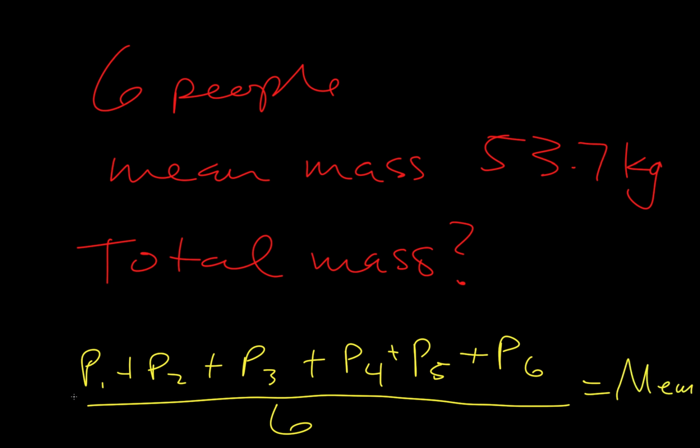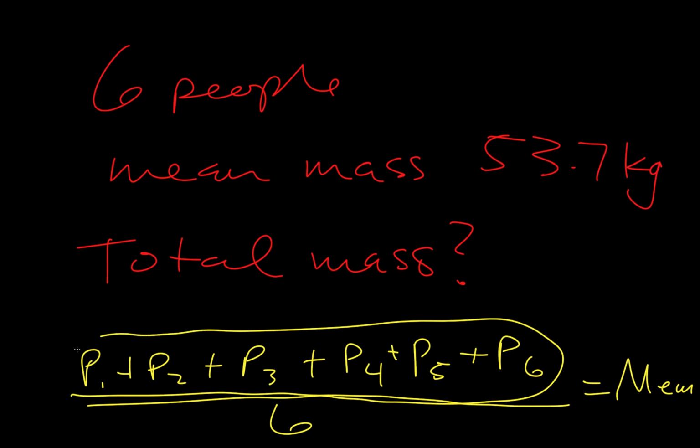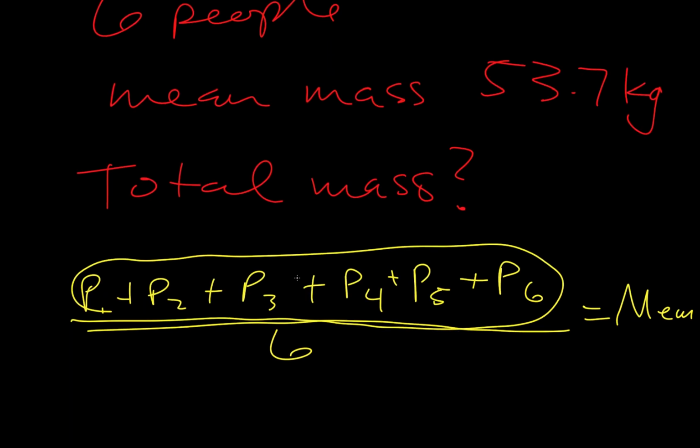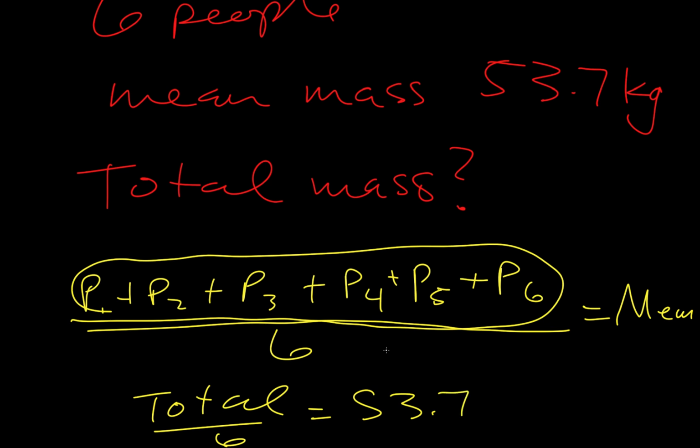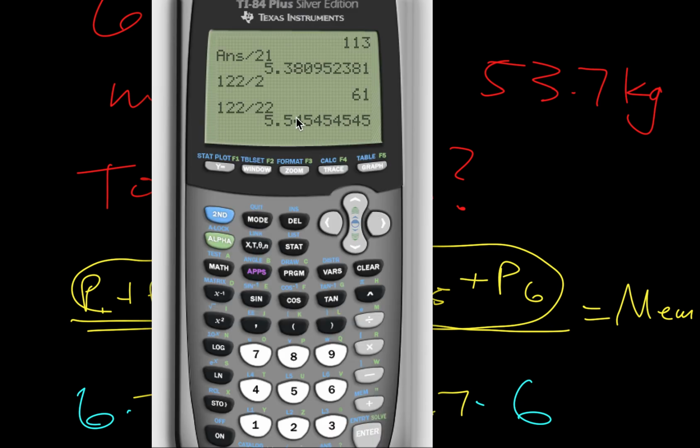Okay, so this number added together is just our total. So if we move it down here, we're just saying total over 6 equals 53.7. So just some simple algebra, multiply both sides by 6.